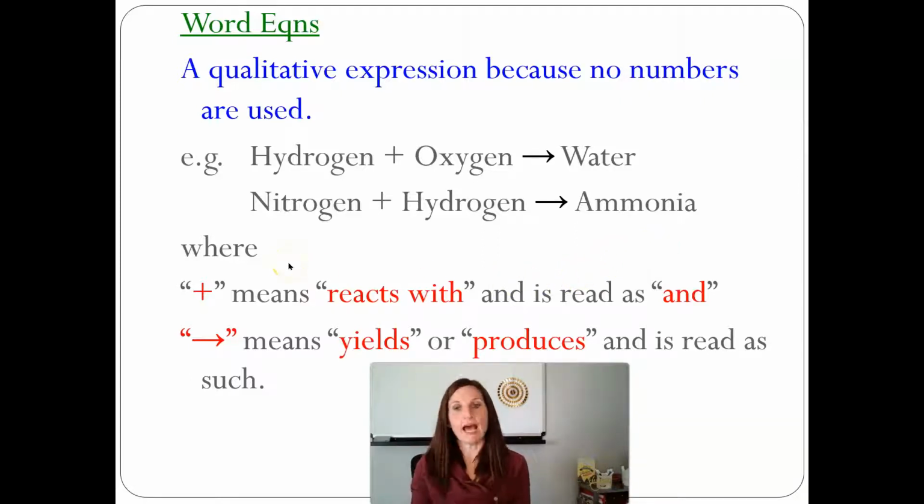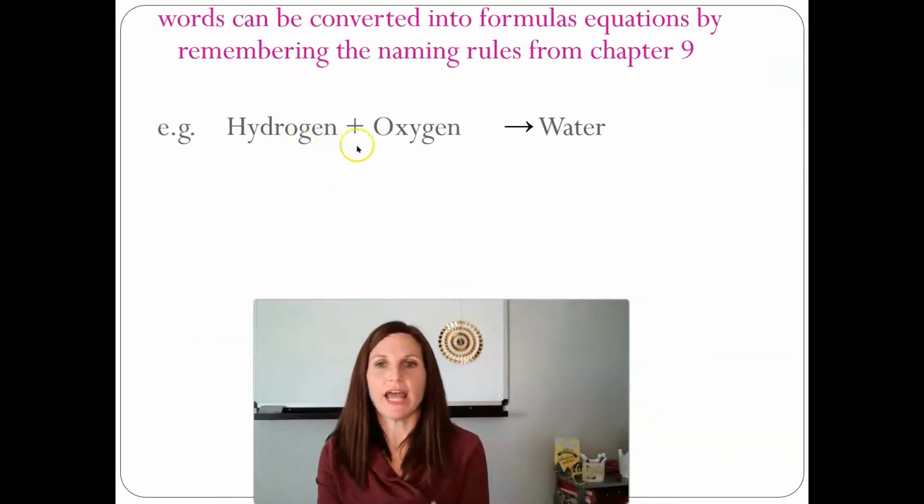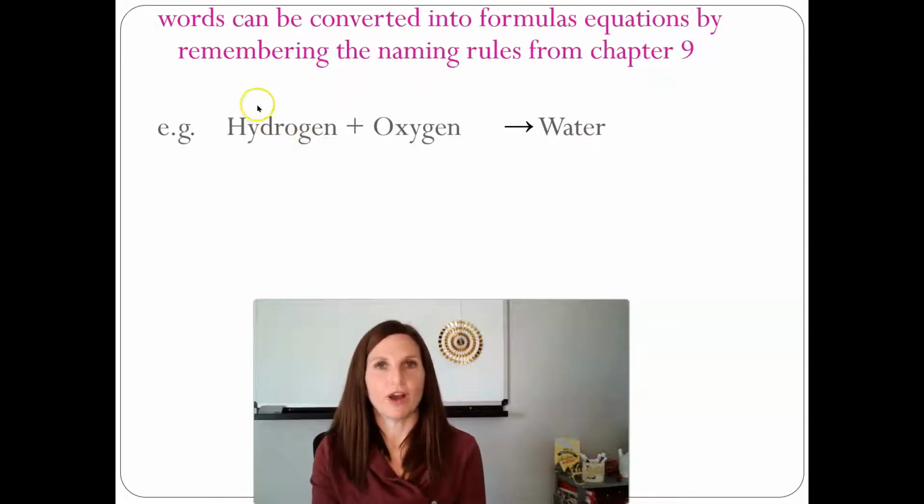The next step is to take the word equations and to turn them into a formula. So for each of these, we're going to use our rules from chapter 9 and turn them into formulas. So when we look at something like hydrogen and oxygen yield water, we have to consider what is the chemical symbol for hydrogen.